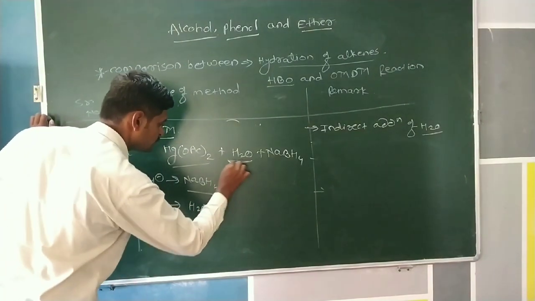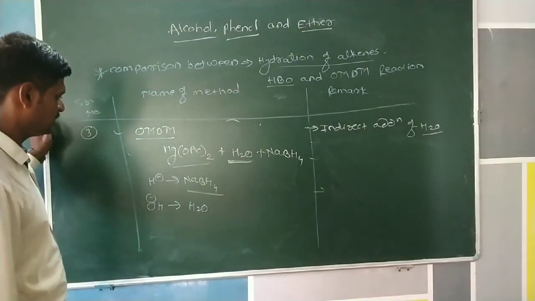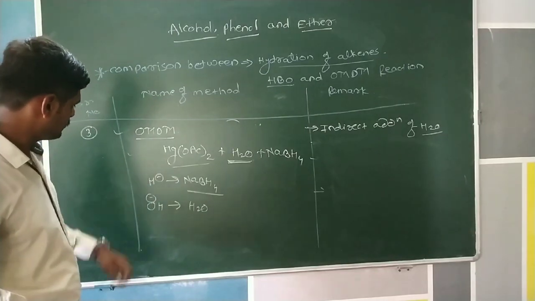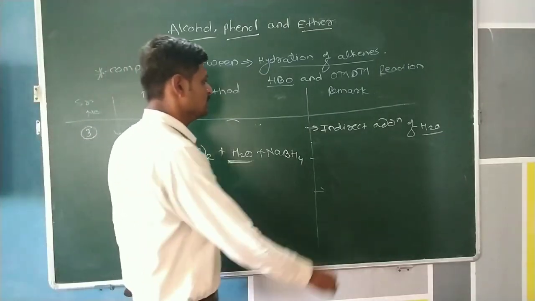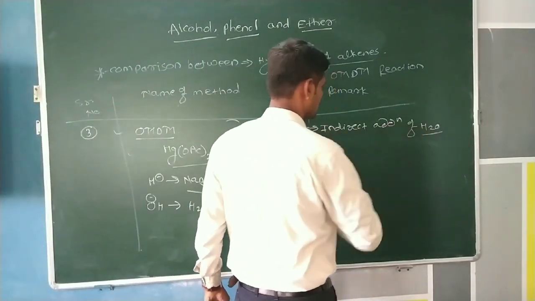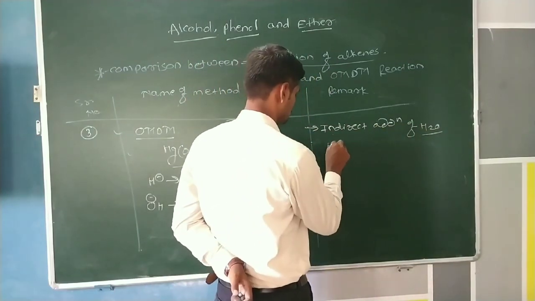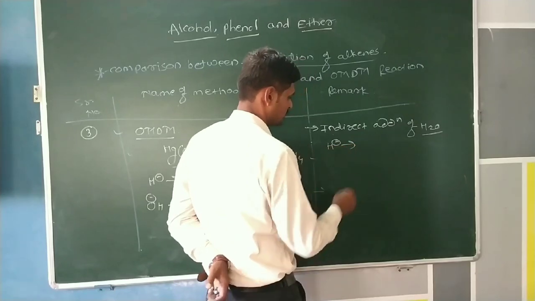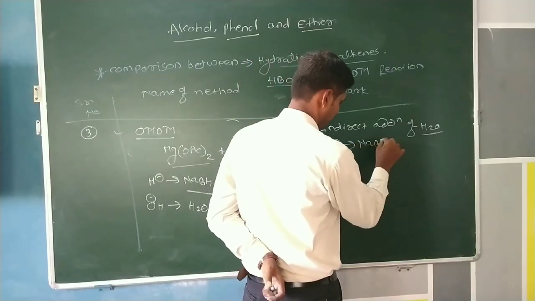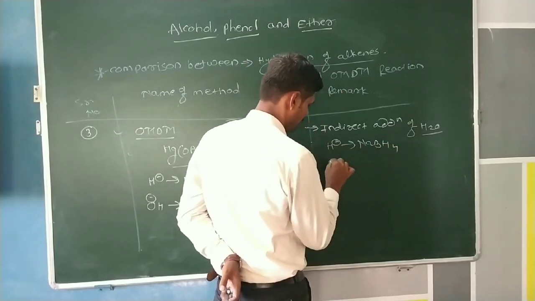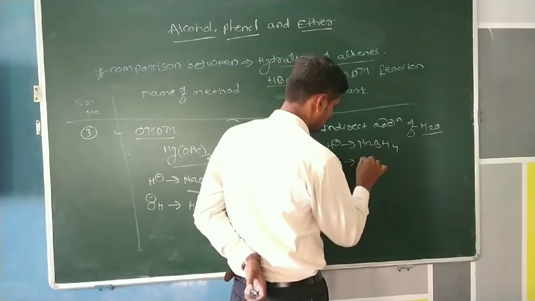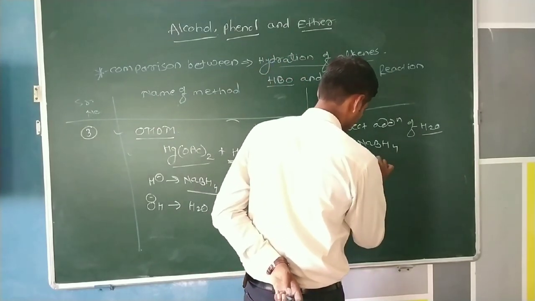This water gives the OH minus ion. Because of these two reasons, in this reaction the addition of water is indirect. These 2 points are written here: the H minus comes from NaBH4 and OH minus comes from the water molecule.